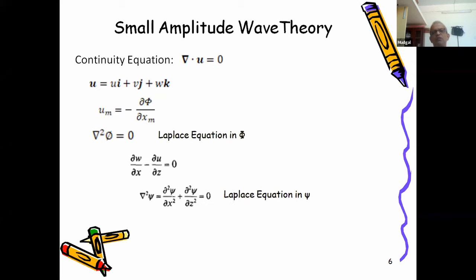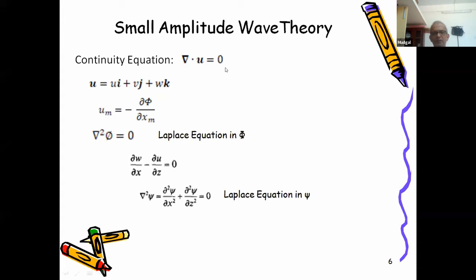Okay, so for non-viscous and incompressible, we will also make an assumption that the flow is irrotational. Okay, so when you say that the flow is irrotational, it means that the cross product of del and u is 0.